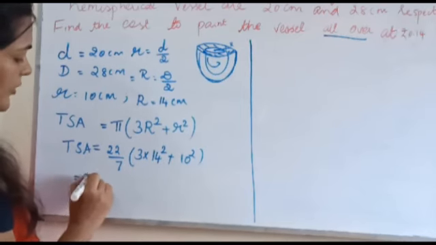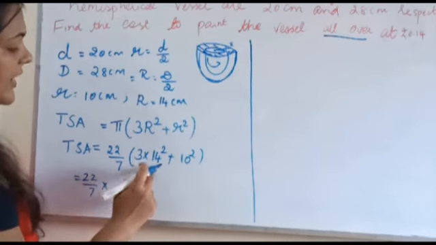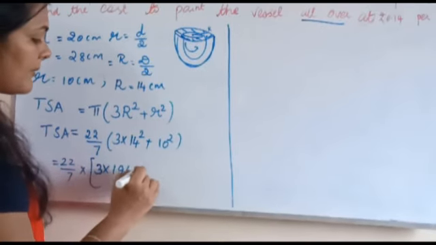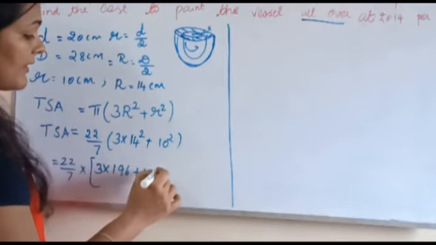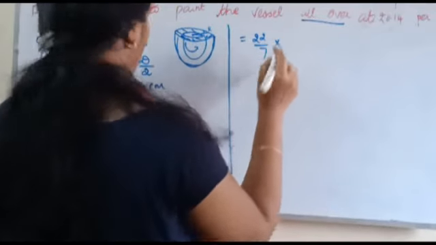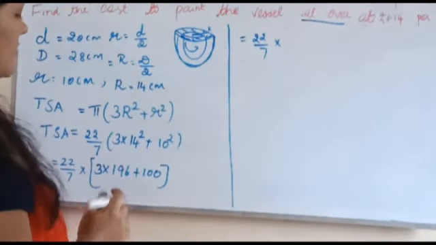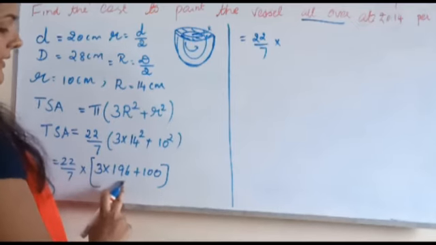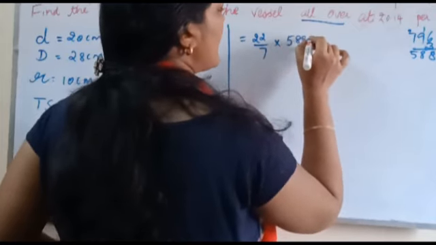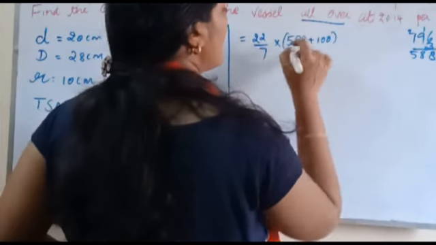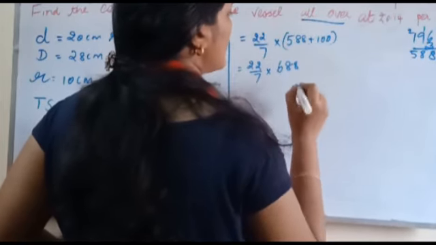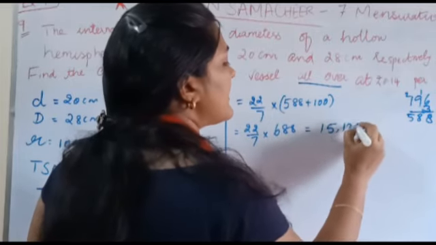Now 22 by 7 into 3 into 14 square. 3 into 14 square is 196 plus 100, 10 square is 100. Now 22 by 7 into 3 into 196. 3 into 196 will give you 588. 588 plus 100 is equal to 22 by 7 into 688, which is 15,136.